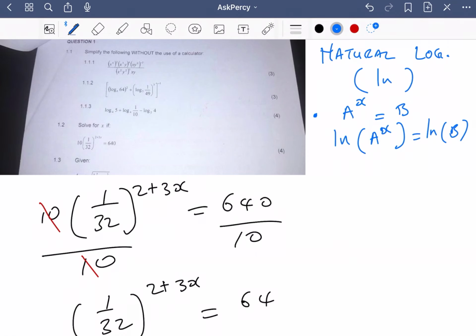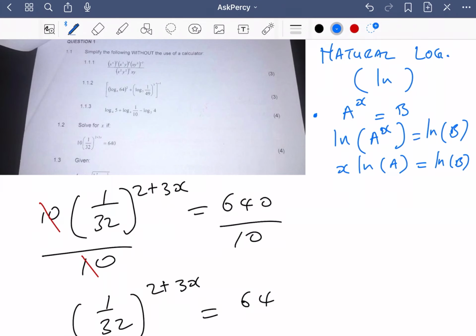If you do that, then if you have a situation where it's any number to the power any number, this is true: ln of a to the power x is equal to x ln a.